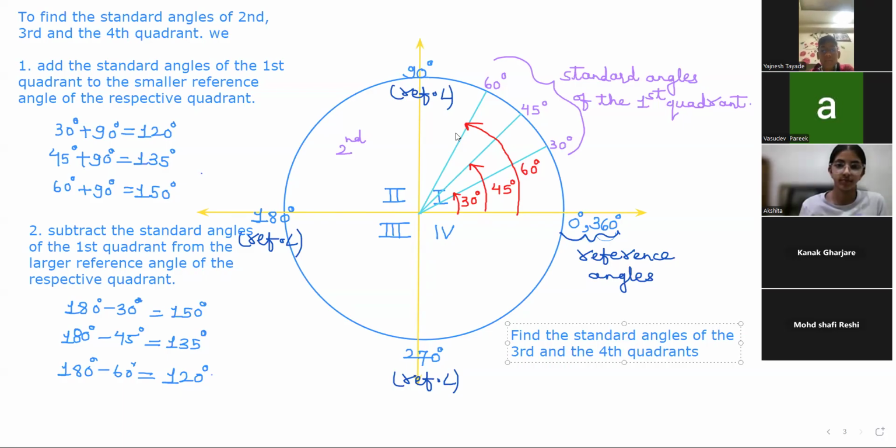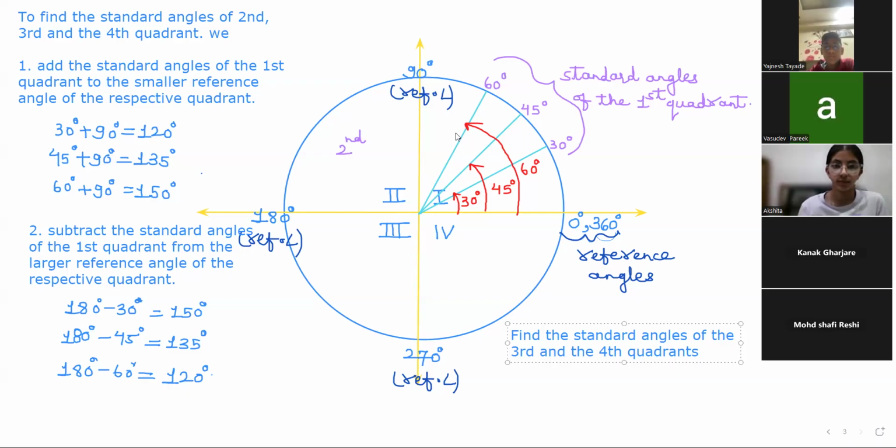Very good. Very good, Kanak. Shabash. Akshita, very good. All your answers are correct. Meanwhile, all of you can make notes now. Very good, Vasudev. Your fourth quadrant is correct. Abhinav, very good. All your answers are correct.